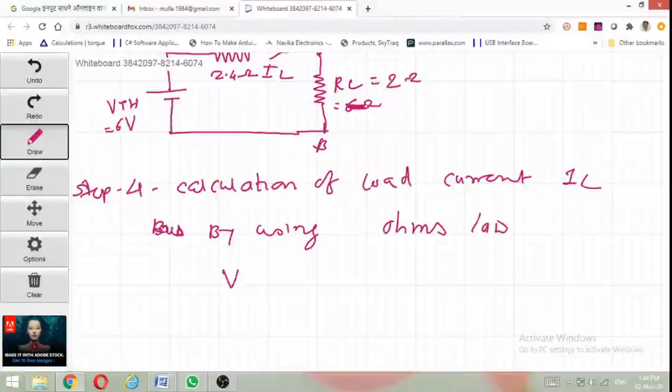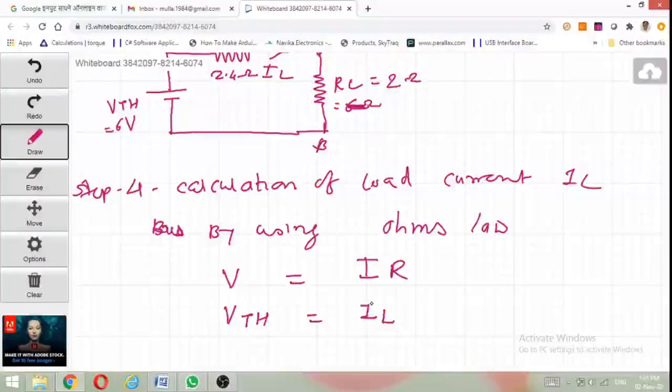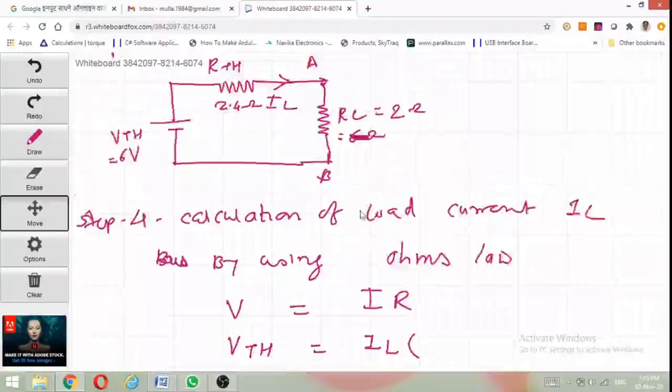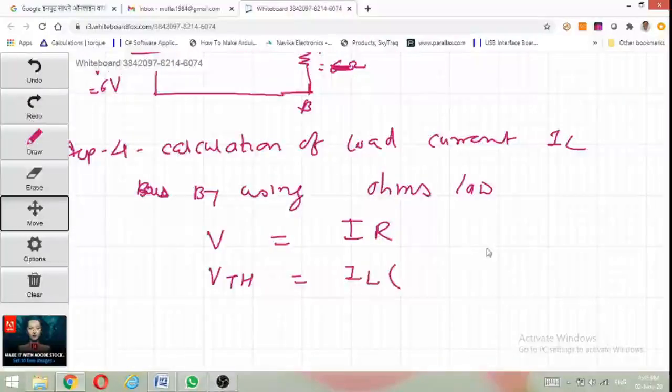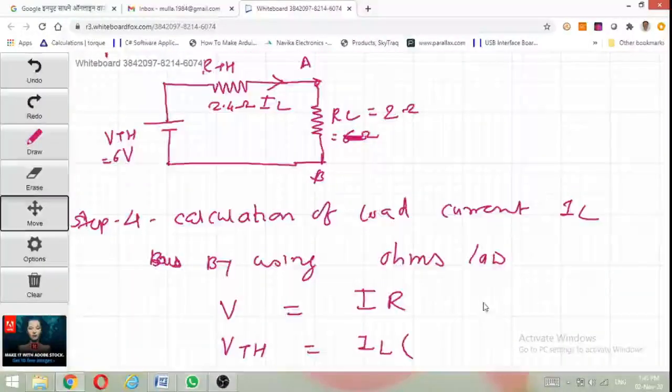Here I is IL, V is VTH, and R is the two resistors in series, therefore RTH plus RL.